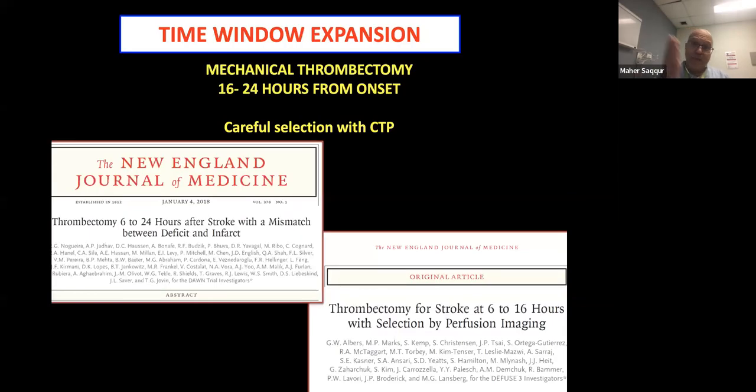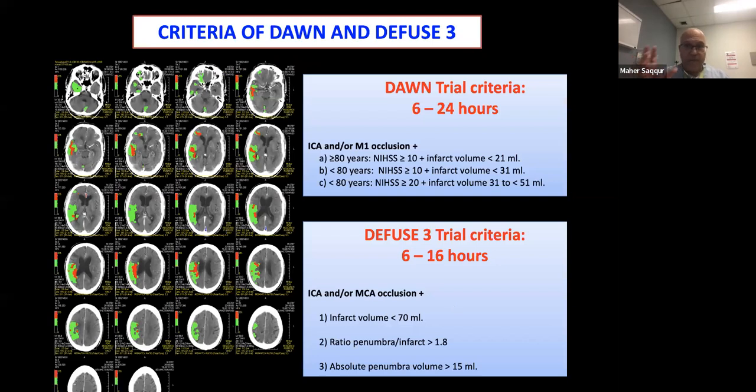And then that window expanded from 6 hours to 12 hours, then up to 24 hours, based on 2 important trials, the DAWN trial and the DEFUSE trial. However, if you look at the criteria of treating patients with mechanical thrombectomy up to 24 hours, you very much rely on the NIH stroke scale.